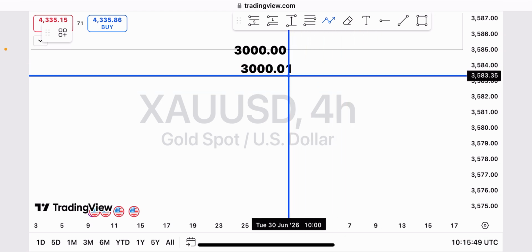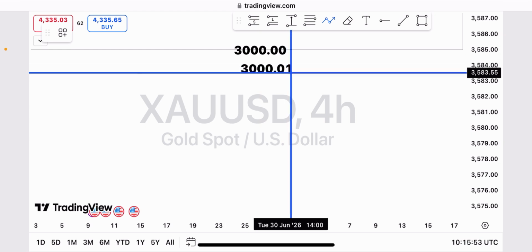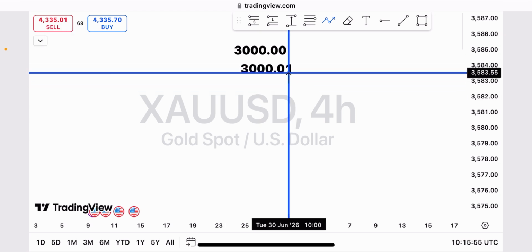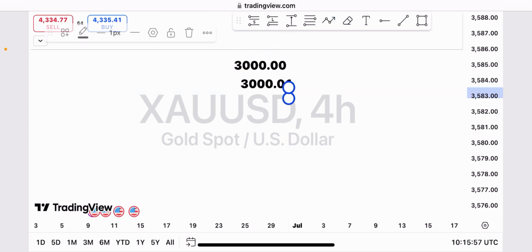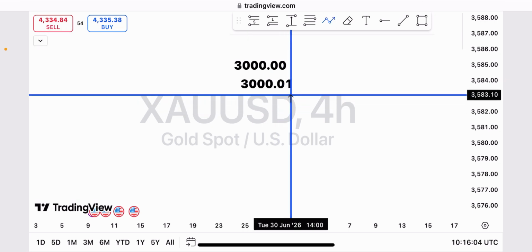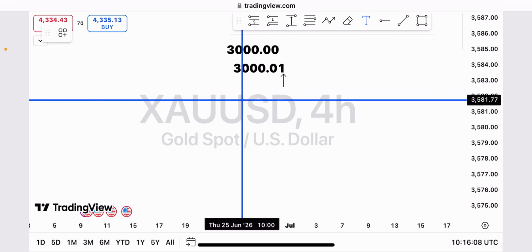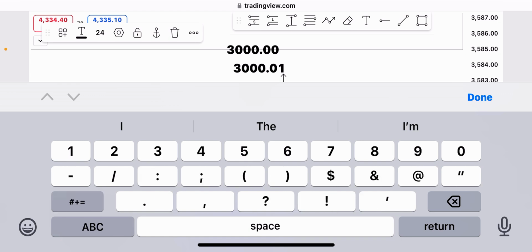This one here is the pipette. This 0.1 is the pipette. Okay, let me move further again.